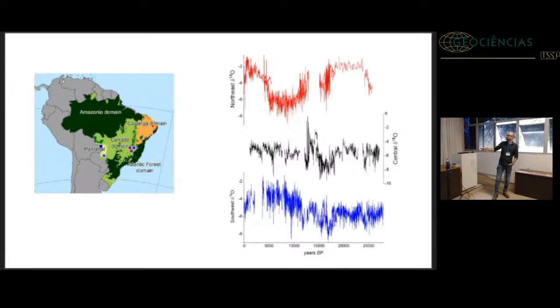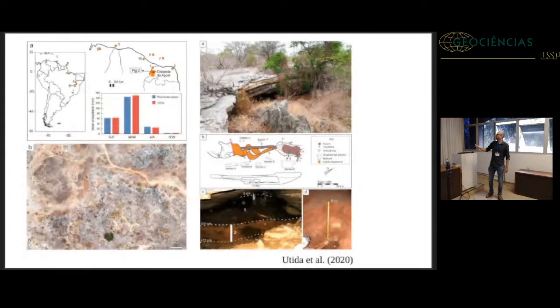So when the Holocene was getting drier here, it was getting wetter here. And when you look at Lapa Sem Fim Cave, which is in the middle, you see basically flat. Not much difference from the glacial period to the Holocene, because it's right in the middle of this dipole.